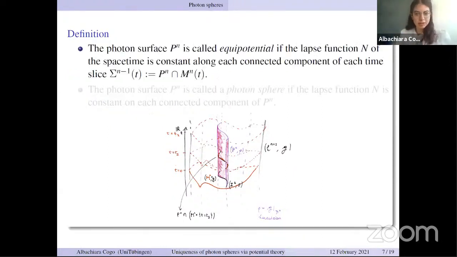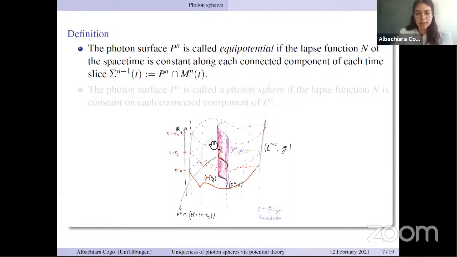Okay, and a specific case of photon surface is given by the equipotential one, which means that if we consider this surface sigma, n-1 dimensional, which is given by the intersection of the photon surface and the Riemannian manifold Mg, which foliates the spacetime at some fixed time t, then, in the picture it is represented by this red line.